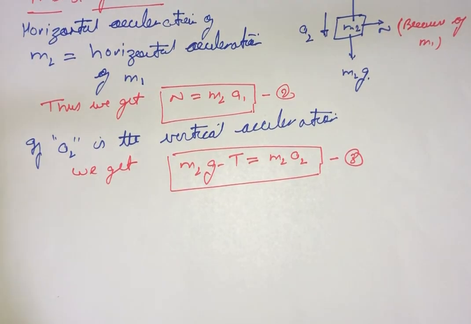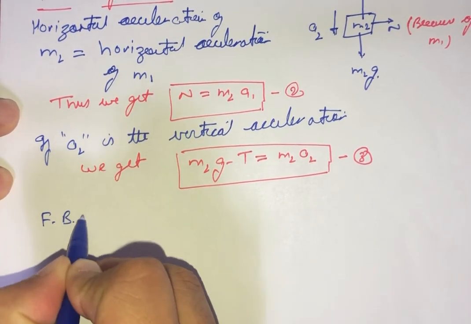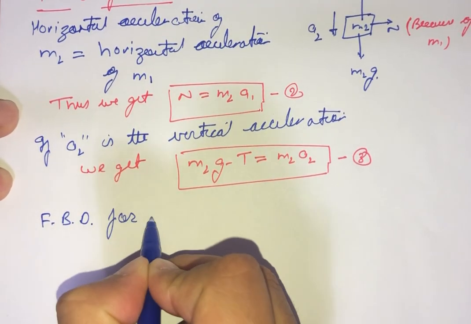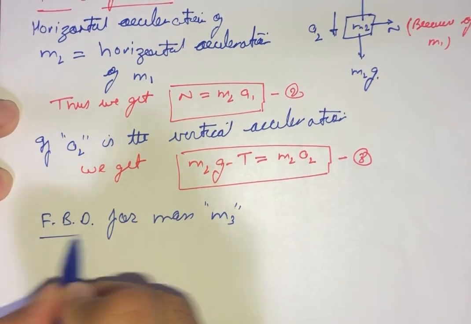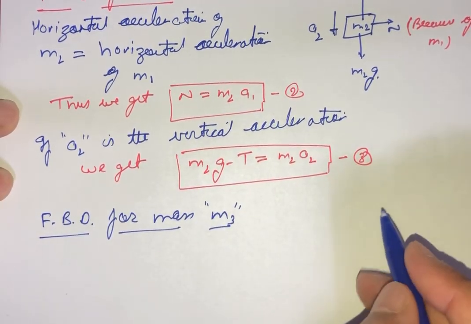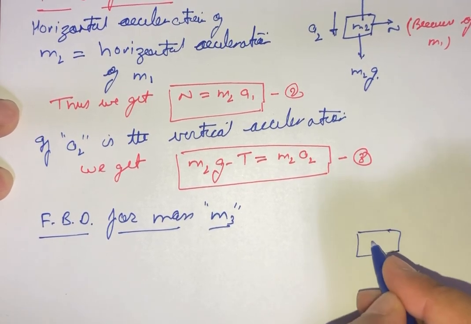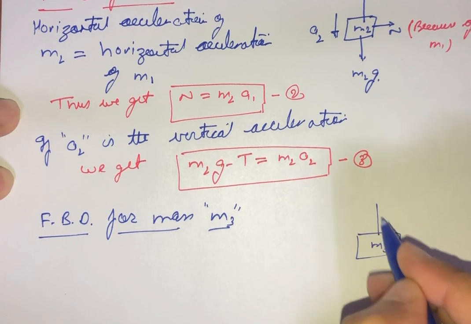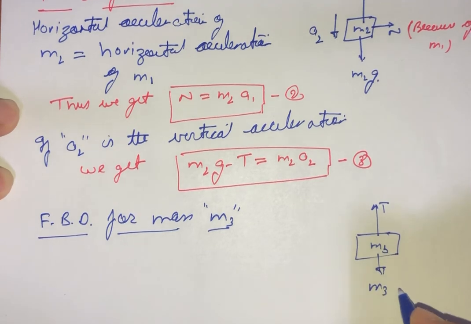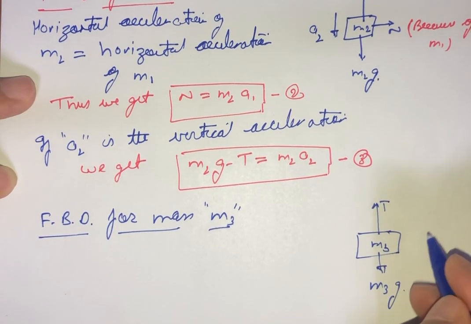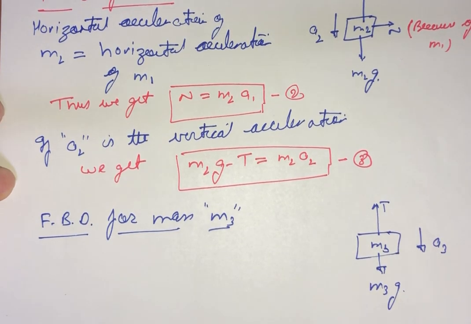Okay, and if we draw the free body diagram for mass m3, in mass m3 there will be only two forces, tension and m3g, and we assume that it is moving in vertical direction with acceleration a3 in the downward direction.